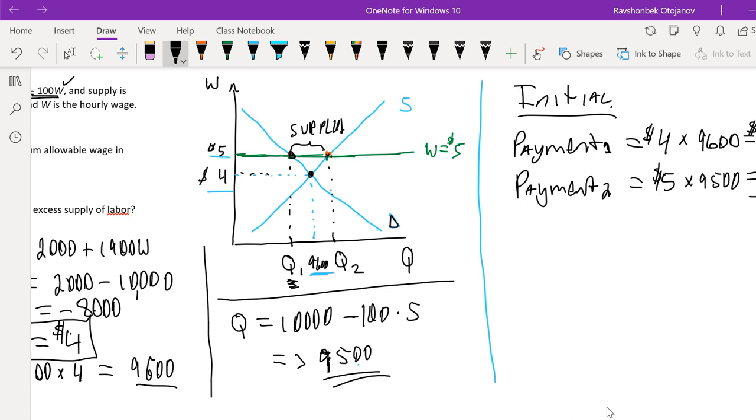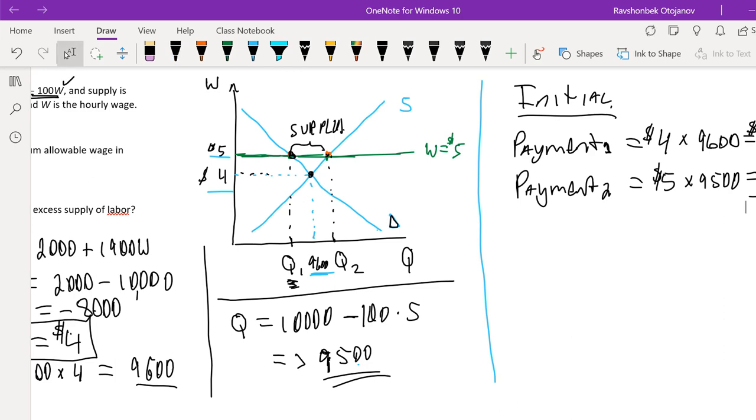There's more now being paid. That's an interesting result here, guys. Fewer people have jobs, but because of the higher increase in the wages, there is more payment apparently. So that's the result.